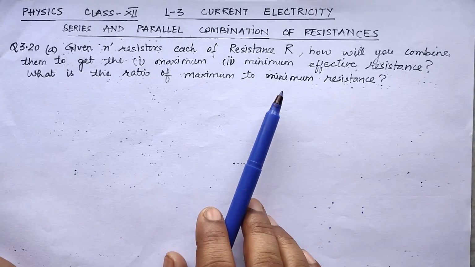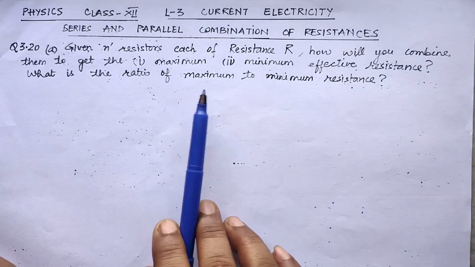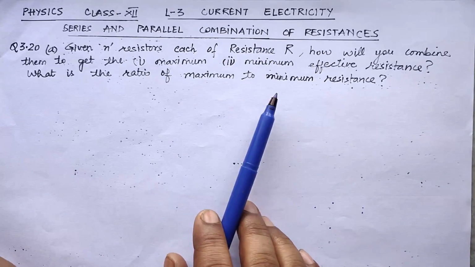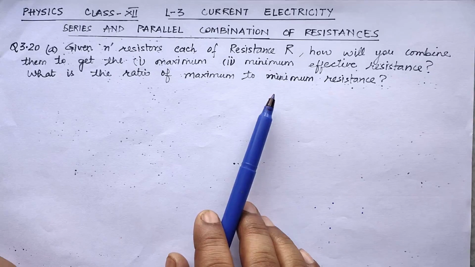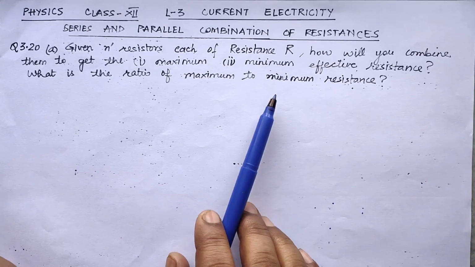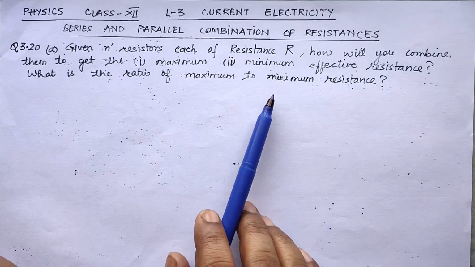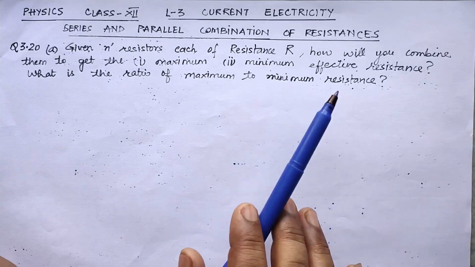Now we have the knowledge of series and parallel combination of resistances. We know that when the resistances are in series, they are simply added together. If we have two resistances R1 and R2, the series combination is simply R1 plus R2.